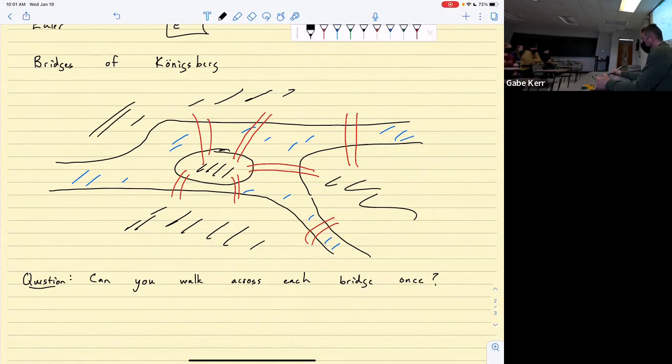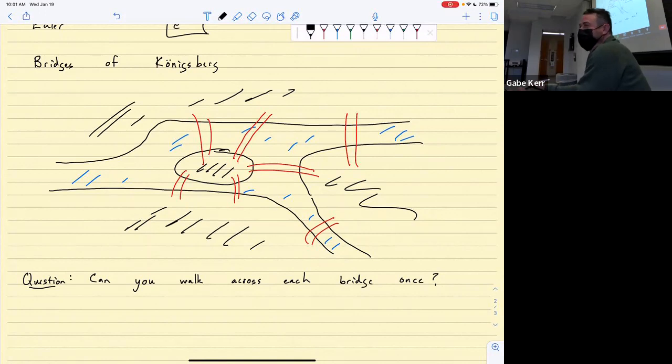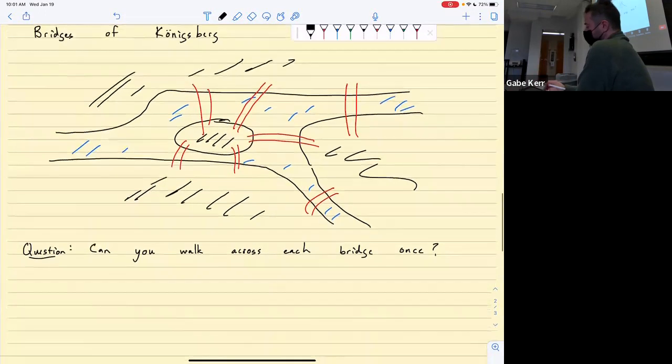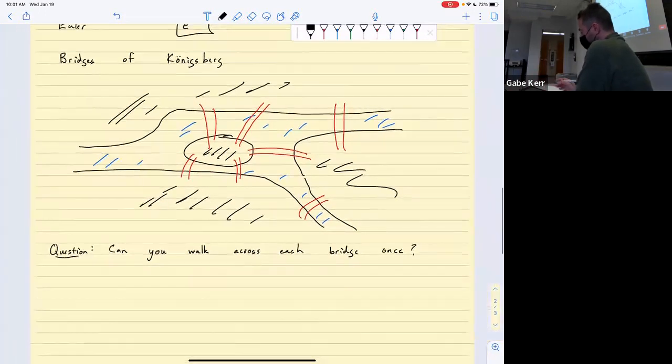Can'ts are right. Can'ts aren't always right, so don't always raise your hand. But again, in the last couple of cases, the can'ts are right. And we'll see why a little bit later. I want to develop a little more.